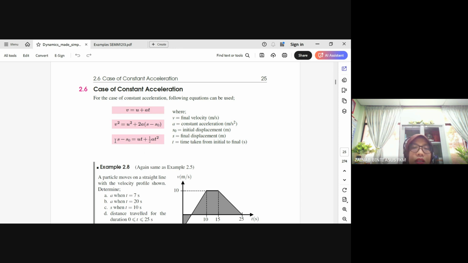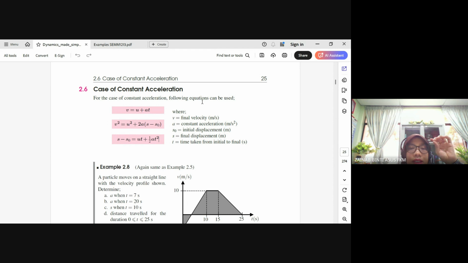This equation comes from the s equation once you have integrated it. Here t is the time taken from initial to final, s is the final displacement, s naught is the initial displacement, and a is the constant acceleration.